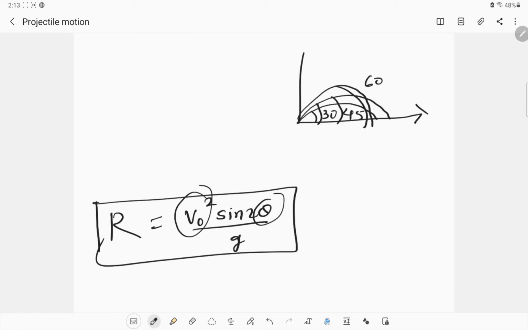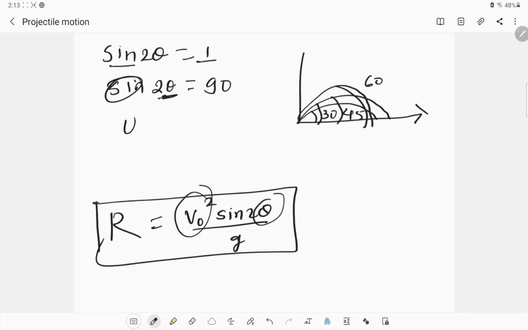If you do that, at which angle will the projectile have maximum range? That is our question. So maximum range is possible only when sine 2 theta is equal to 1, right? It will be possible only when 2 theta is 90 degrees, because sine 90 is 1. So theta will be 90 divided by 2, which is 45 degrees.